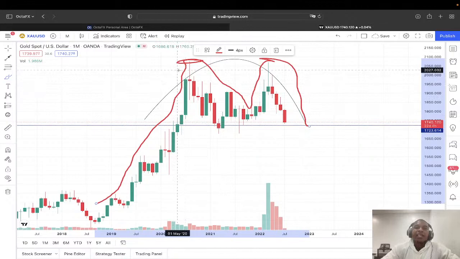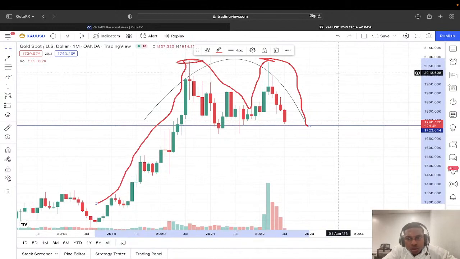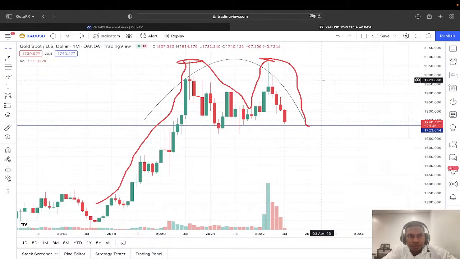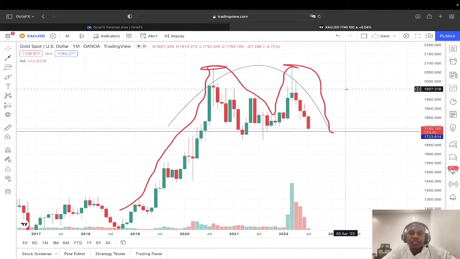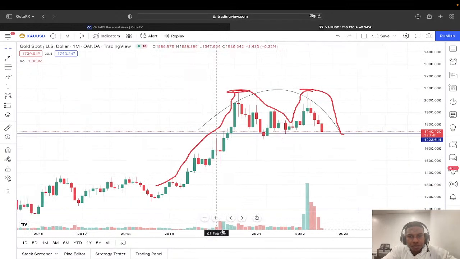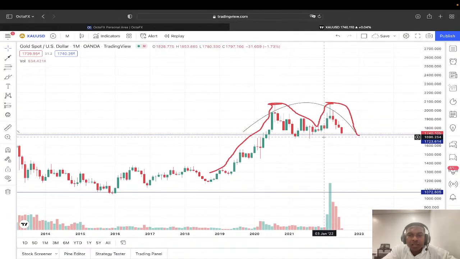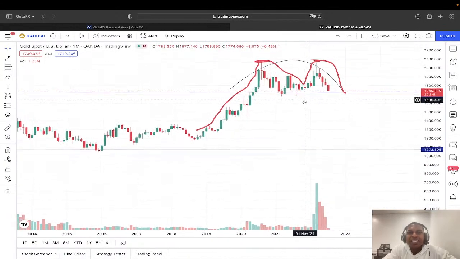Now, if we're going to use the chart pattern strategy, this is a double top. A double top is a pattern that signifies a reversal.